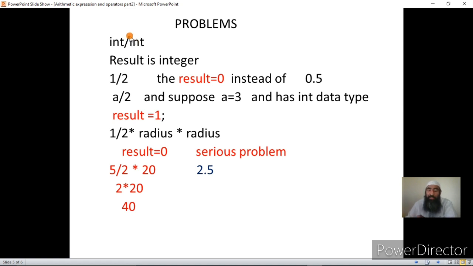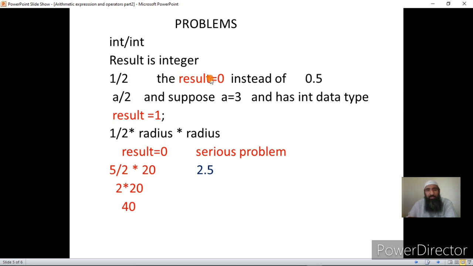But another important point on which we should focus is that the result is in the higher type. Here the higher type can be taken as an integer because both are integers. Whenever the division is performed between 1 and 2, and since 1 and 2 are integer constants, the result is an integer. Integers in C are numbers without a decimal point.